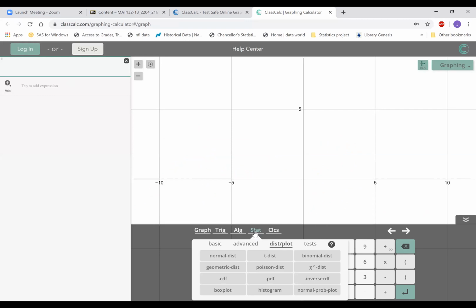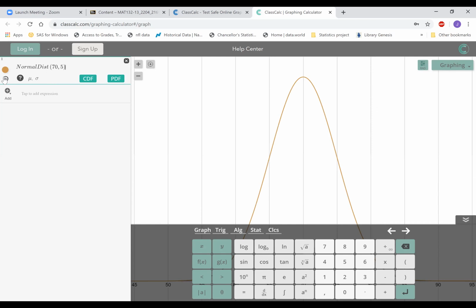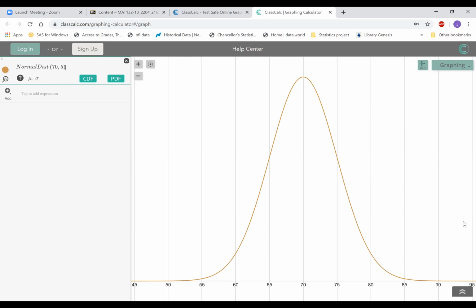It asks for mu and sigma, so we'll say 70 is mu, sigma is 5, and we'll close that. Everybody good with normal distribution 70, comma 5? You're in graphing. Pretty much anytime you're using Class Calc, you should always be in graphing.